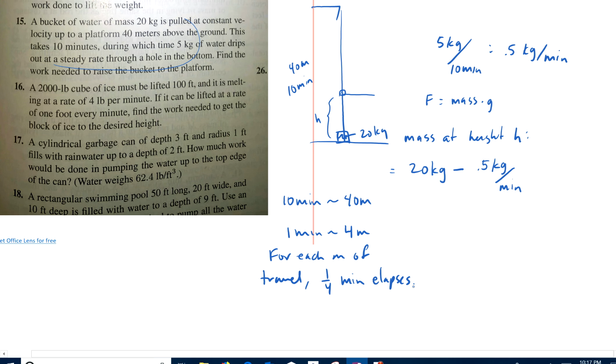Sorry, not the nicest way to say that. So for every quarter minute, it's 1 meter. For every 1 minute, that's 4 meters, and so forth. I'm just trying to write it in terms of each meter.